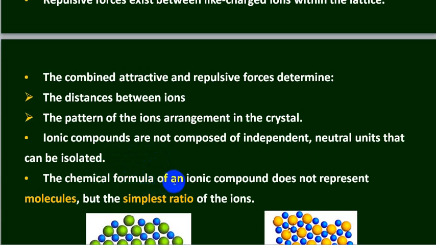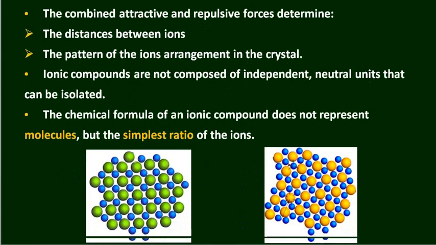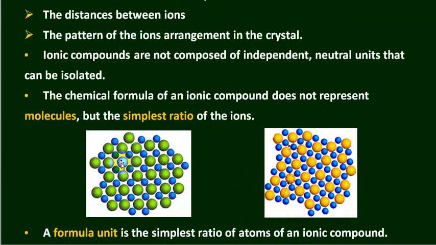The chemical formula of an ionic compound does not represent molecules, but the simplest ratio of ions, because separate units are not formed. As you can see in the figure, the atoms are arranged in a specific pattern and are not separate from each other. They are linked to each other.